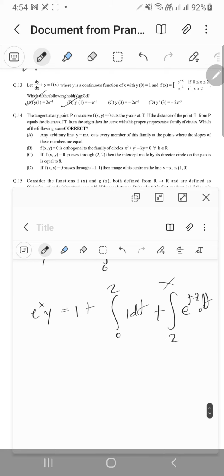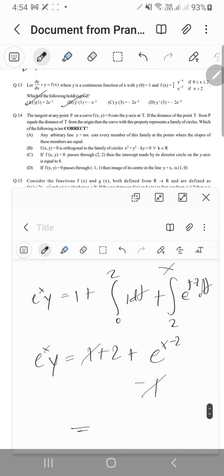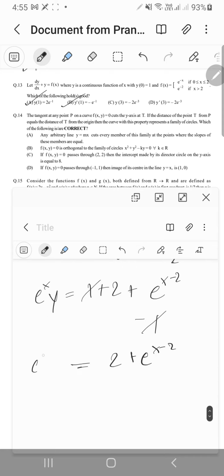So e power x y equal to 1 plus, this is just 2 plus e power x minus 2 minus, when you put 2 over there, just get minus e power 0, which would be 1. So it's like minus 1, so it cancels. So of course, it's just 2 plus e power x minus 2. Yeah, looks right. So that's e power x times y.